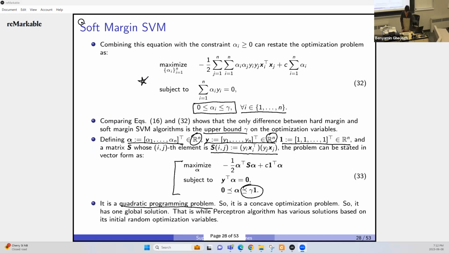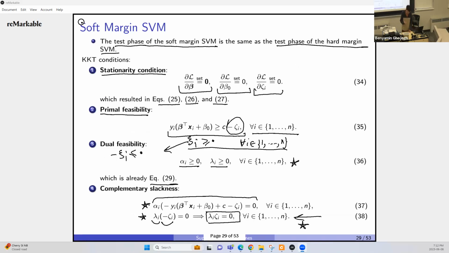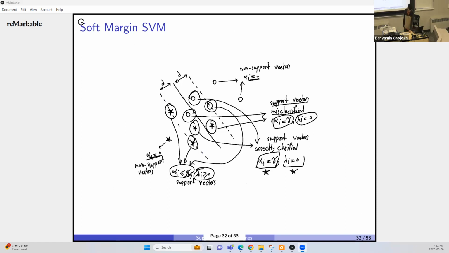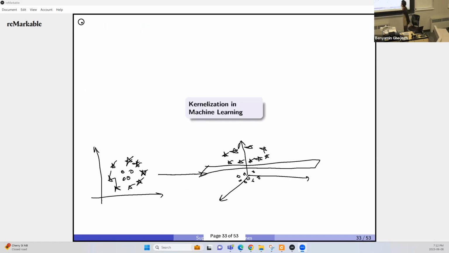We can solve it using any optimization toolbox, which may use the interior point method or other algorithms, so it can be solved easily. And then again, using the KKT conditions, the Karush-Kuhn-Tucker conditions, we analyzed the support vectors and non-support vectors. This is what we did in the last session, and this is where we left off.